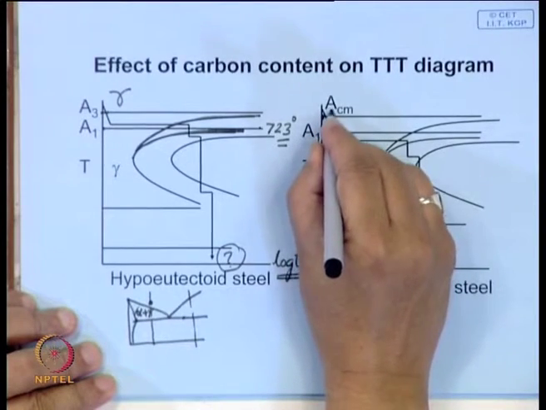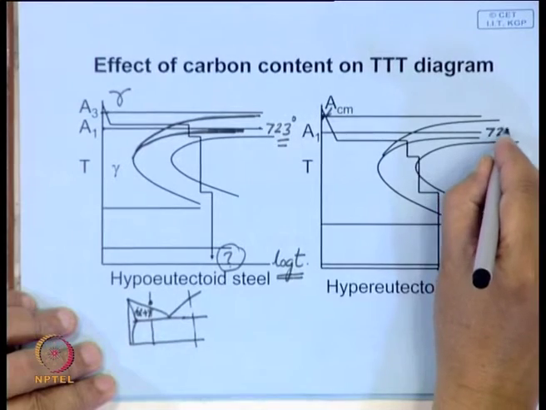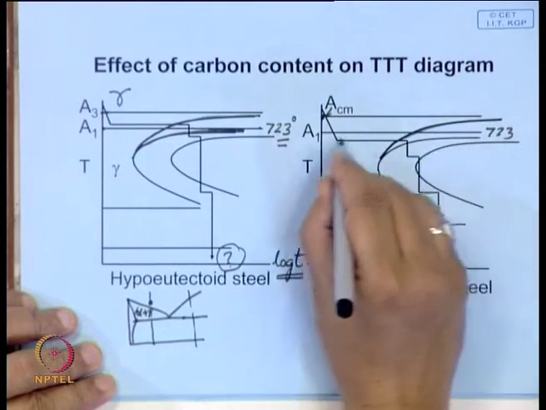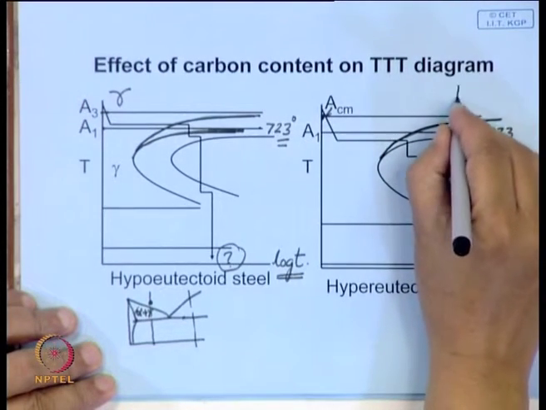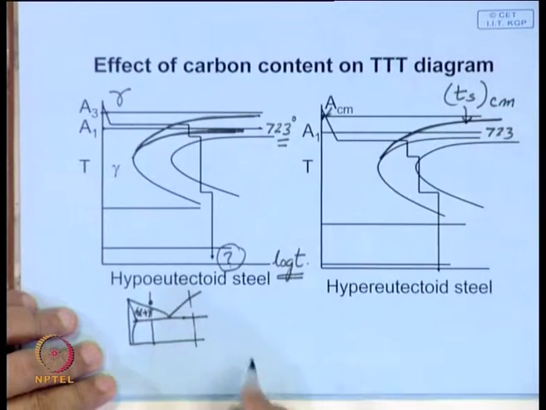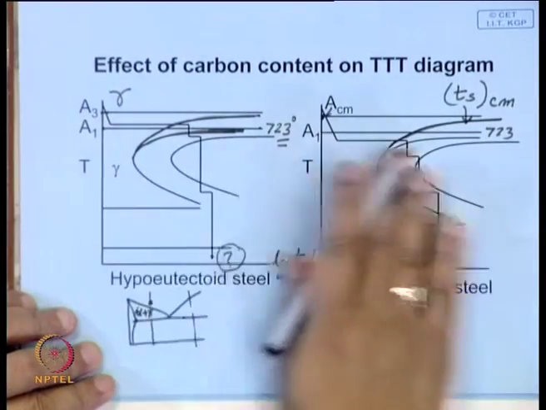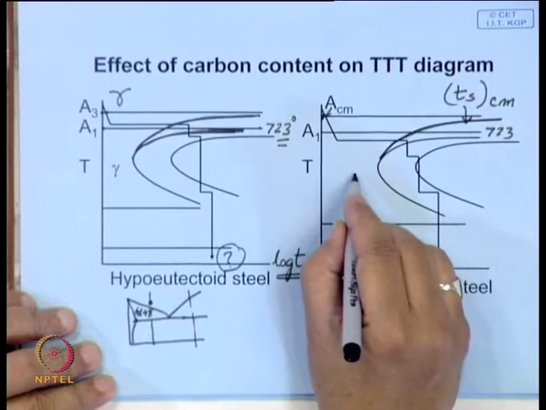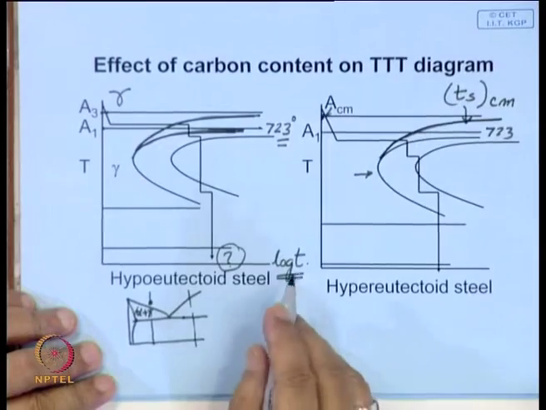In the case of a hypereutectoid steel, this critical temperature is known as ACM, and here also this is 723. This line represents the start of cementite precipitation. The nature is exactly the same, and with increasing carbon content, you may find that the nose shifts to the higher temperature side.